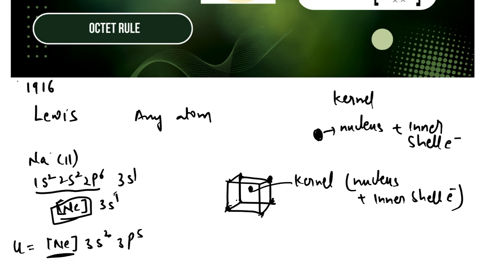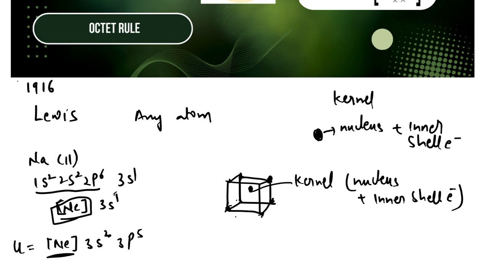So this was the Lewis understanding of valence electrons. He took into account only the valence electrons, the participating electrons, and formed his theory around them. It keeps on talking about the octet, the 8 electrons. That is why his idea was also considered the octet rule.